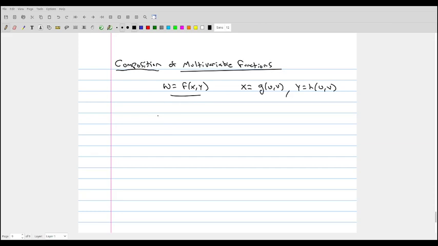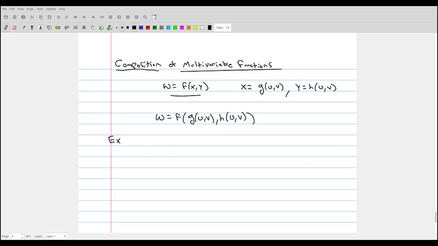You can say that w is then also equal to a function of u and v. Specifically, it's the function when you plug in g of u v for x and h of u v for y.